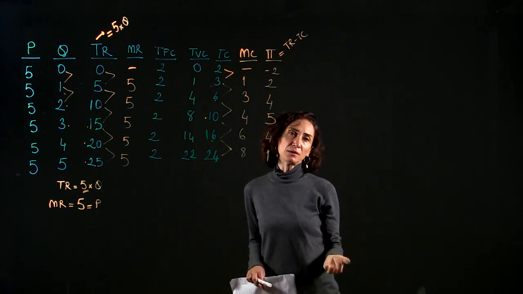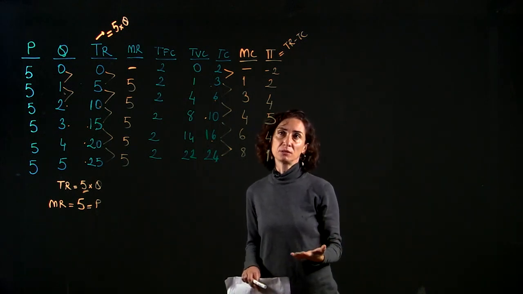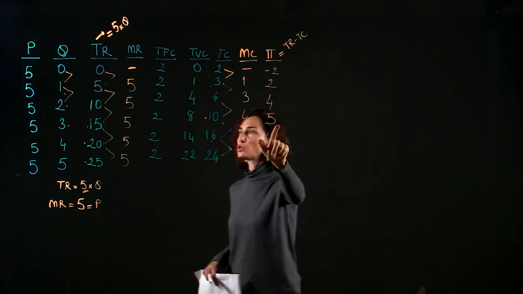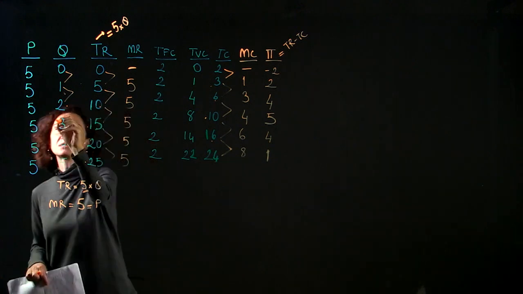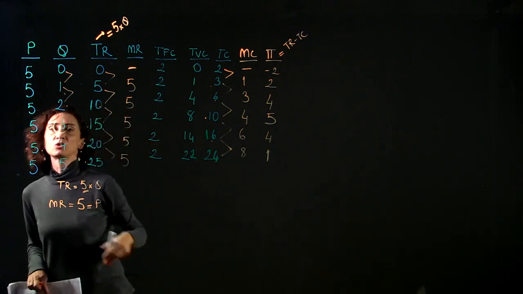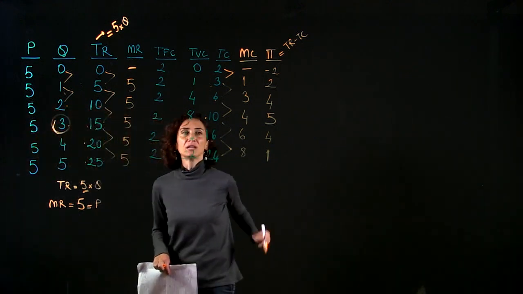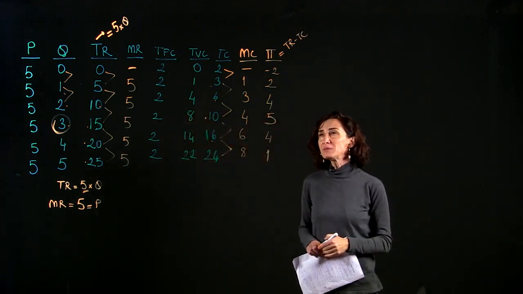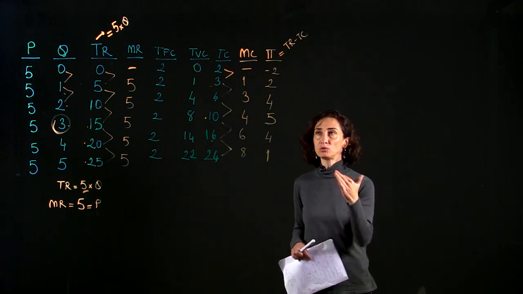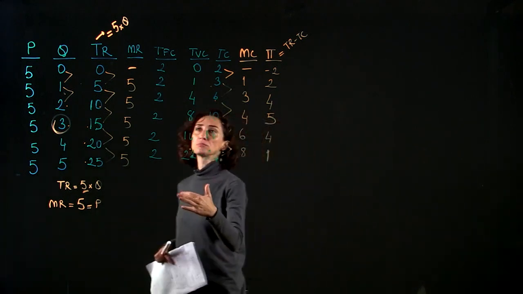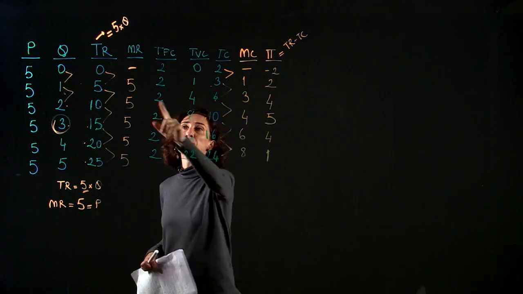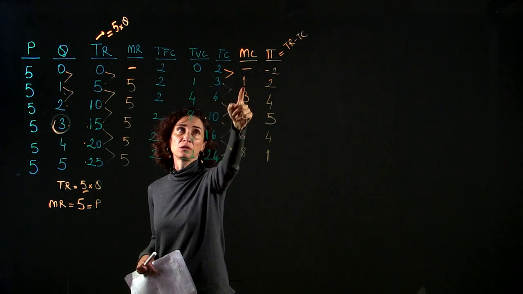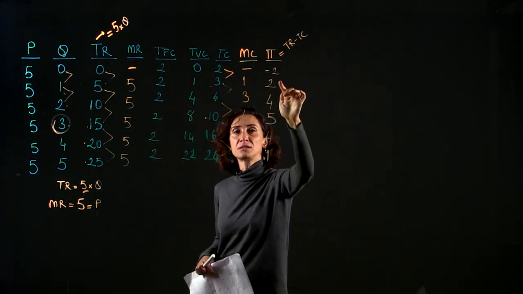So what is the profit maximizing quantity? Just look at this, which is the maximum profit? 5. Okay, so profit maximizing quantity would be 3, right? 3 is the profit maximizing quantity. But from this table, I also want you to see something else. As long as marginal revenue is more than marginal cost, 5 is more than 1, my profit is increasing.